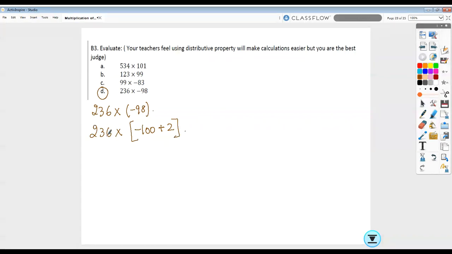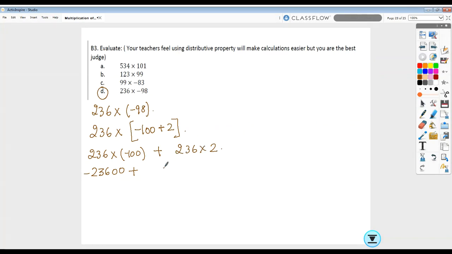Let me distribute this multiplication of 236 over these two numbers. So I'm writing this as 236 into negative 100 plus 236 into 2. These multiplications are easy because we have multiples of 10 involved, and taking out a double of a number is also easy for us.